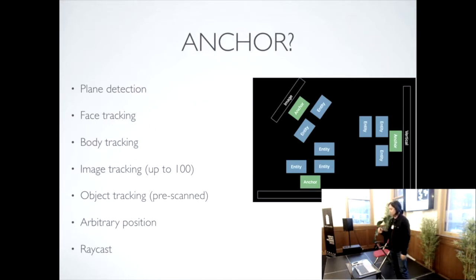If I have a picture of a cat, I can make AR content appear on top of it. It's kind of like QR codes, but fancier. Then there's object tracking: if you pre-scan a 3D object, you can have AR content appear around it, like that Lego set from the demos. You point your AR camera at it, and it comes to life.